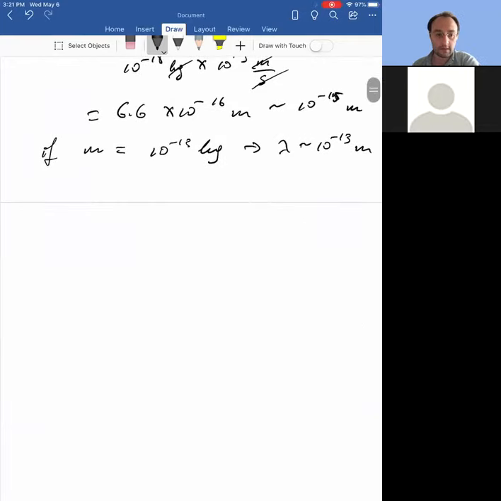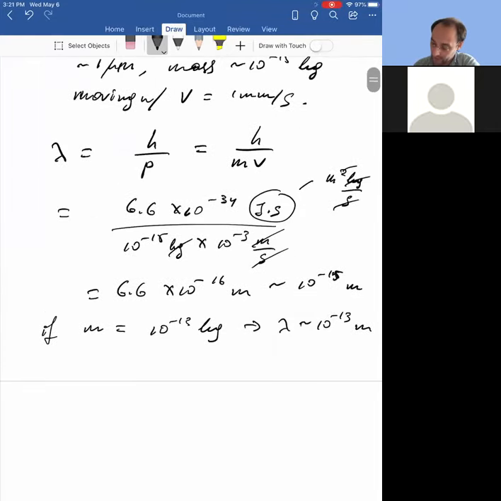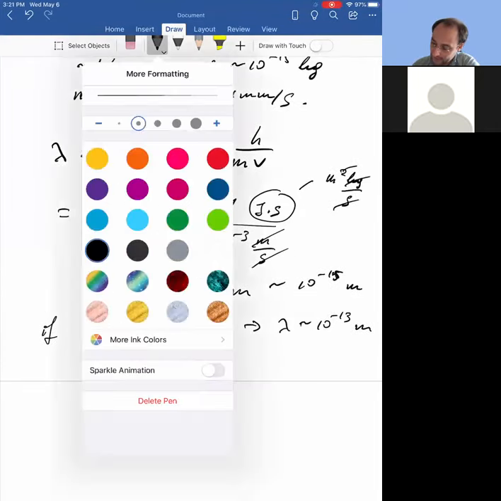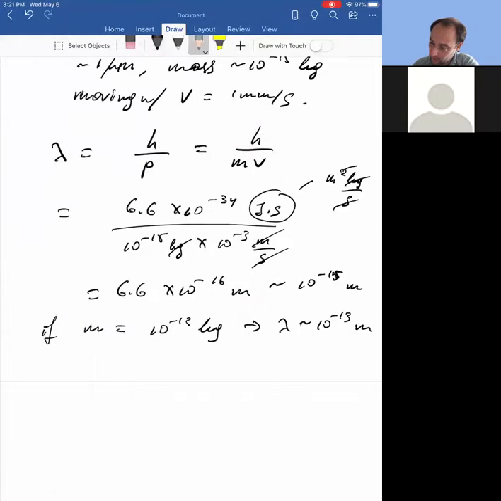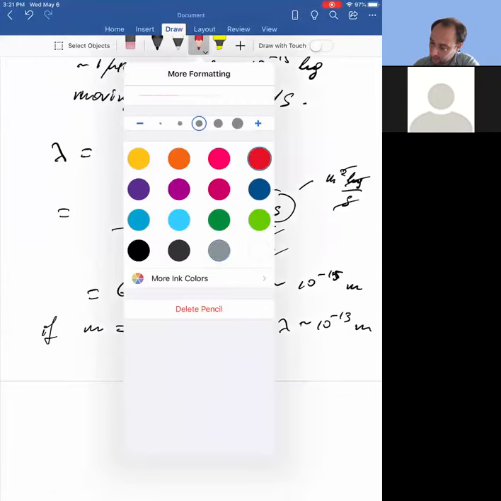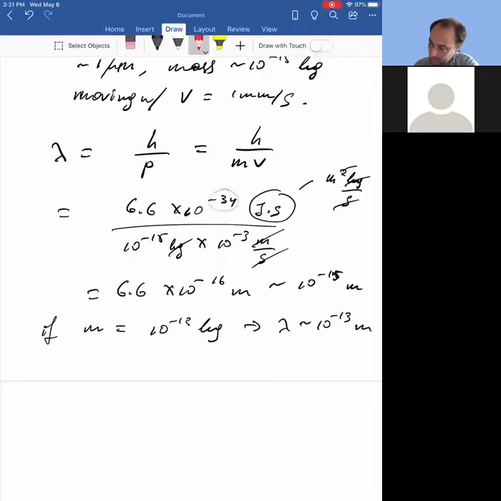Now let's do another example. But by the way, where does the smallness come from? It's right here. The Planck's constant is what makes all these things really small.